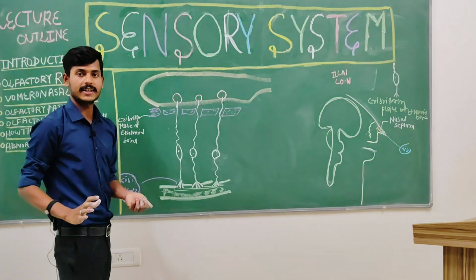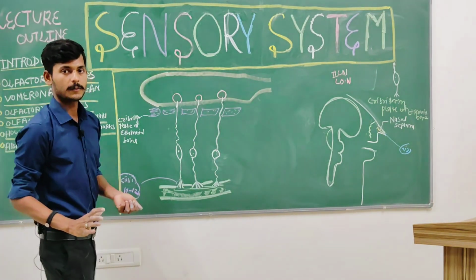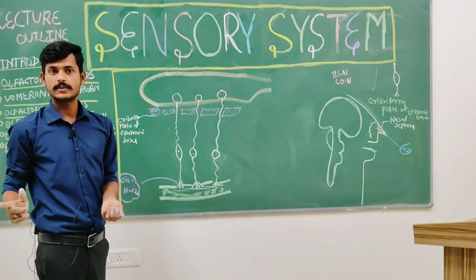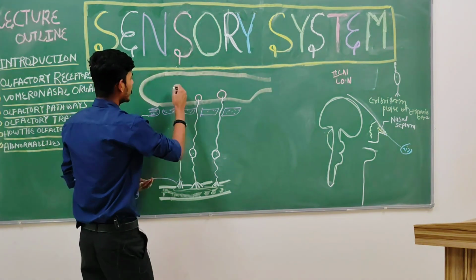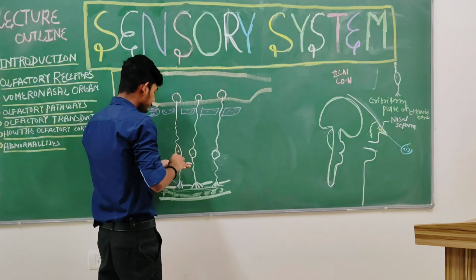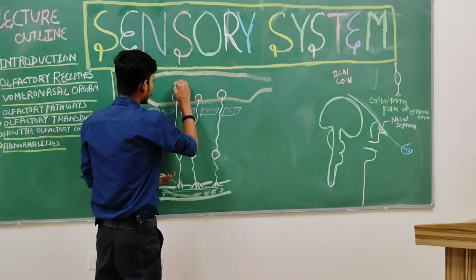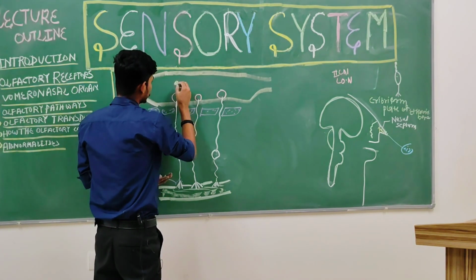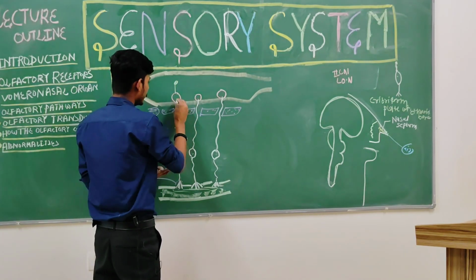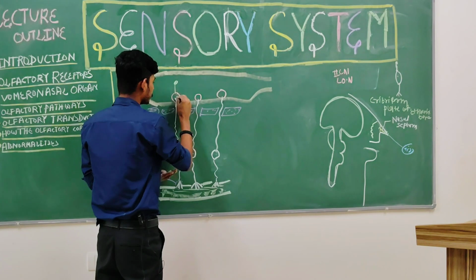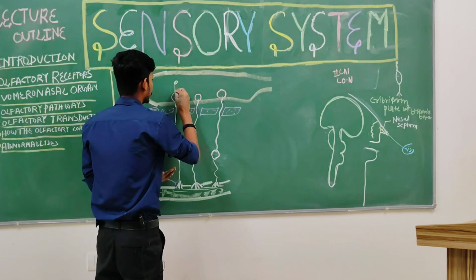Which cell does the olfactory bulb contain? Very good, it's the mitral cells. So here the olfactory bulbs have the mitral cells, and they are basically making the synapse.